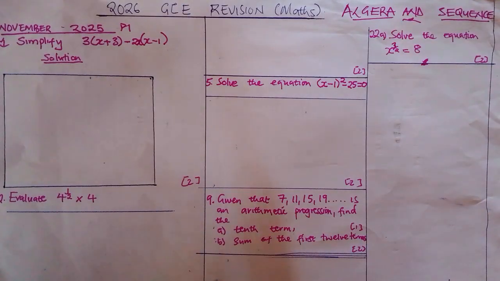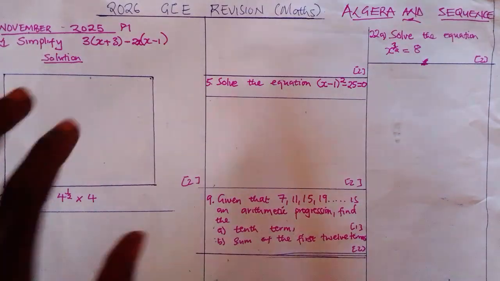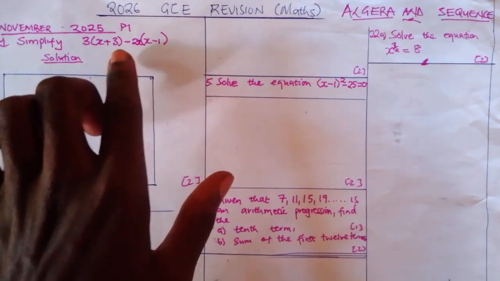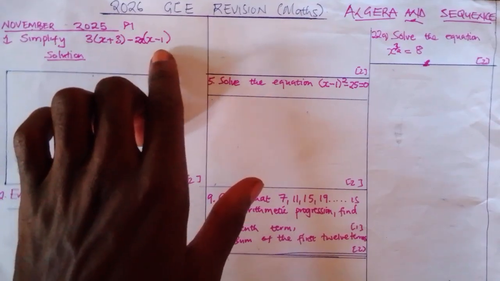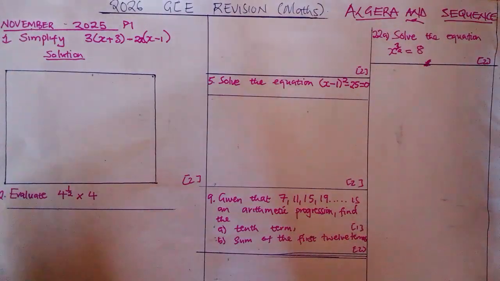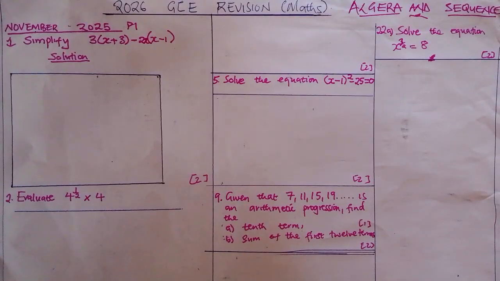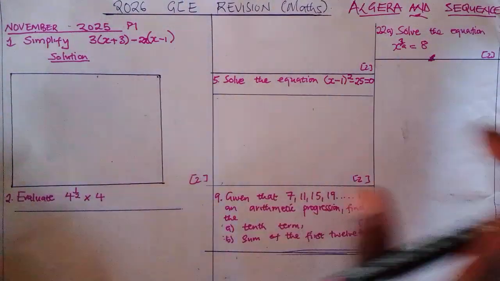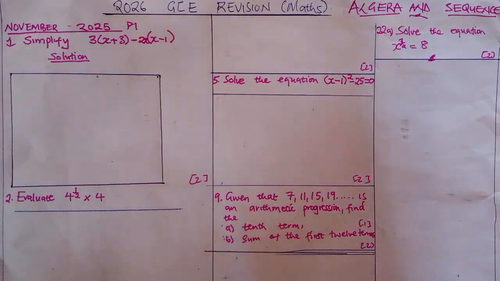So now to begin, we have our first question, which is saying simplify 3x plus 3 minus 2x times x minus 1 in brackets. So here, what do you need to understand? The first step, whenever you see brackets, just know that you have to start with what is inside the brackets.